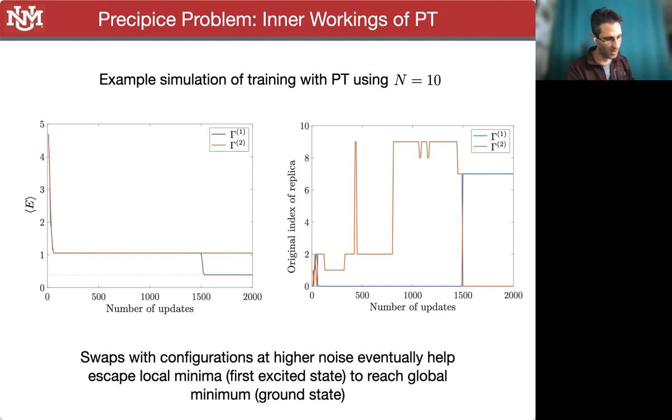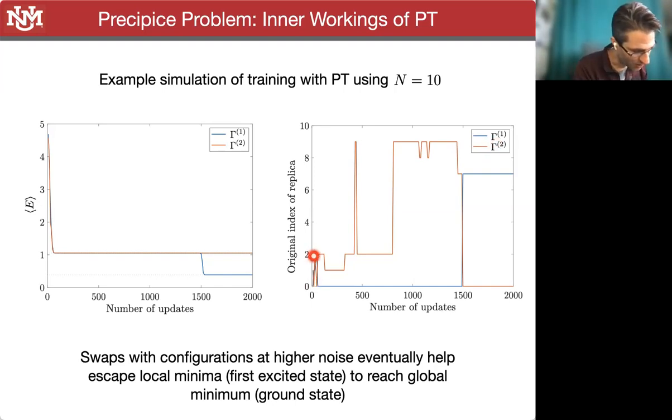So this is the ground state energy. What's happening here? To show that, we can look at the swaps that are happening. Here I plot the original index of the replica as a function of the number of updates, again for the zero noise and the one noise above it.